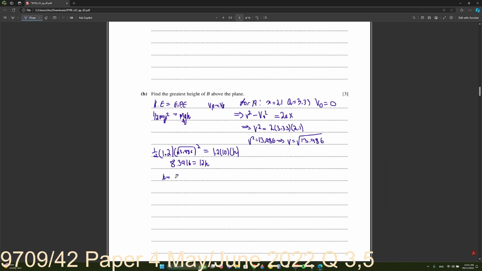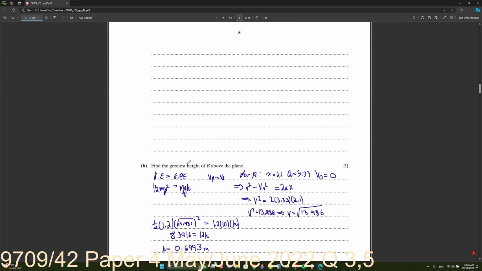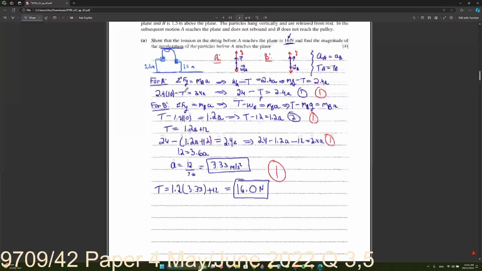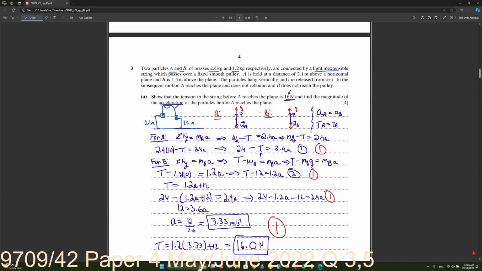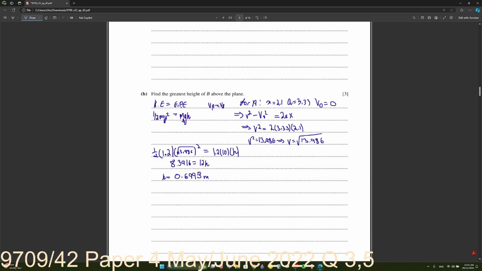So h is going to be equal to 0.6993 meters. Obviously, that's not the maximum height. What I found now is the extra distance it traveled after it traveled those 2.1 meters. So it was at 1.5, traveled 2.1, and as it was coming to a stop, it traveled this 0.6993.